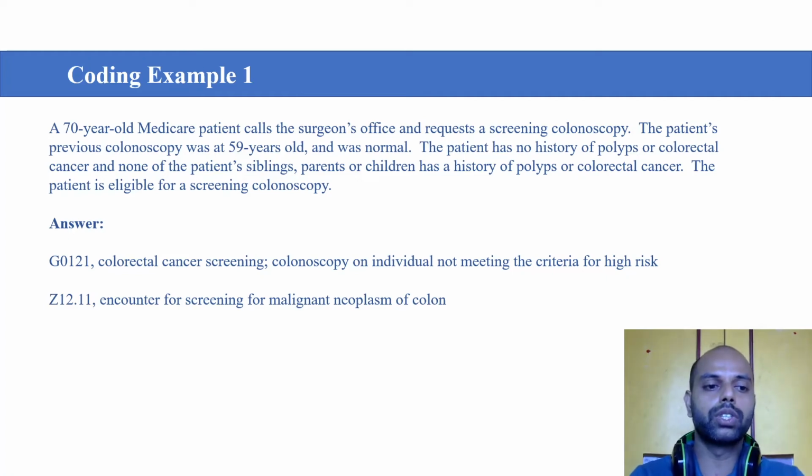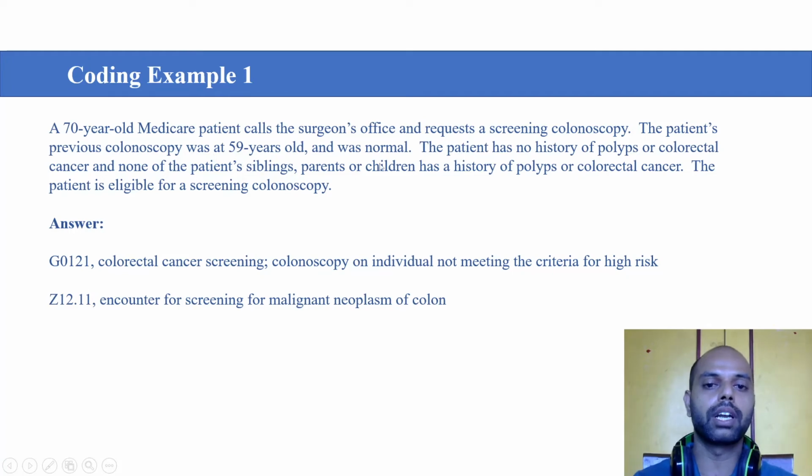The answer is Z0121 and Z12.11, because here the patient is a Medicare patient, right? For Medicare, for screening colonoscopy, we have only two codes. One is Z0121 and another one is for high risk.